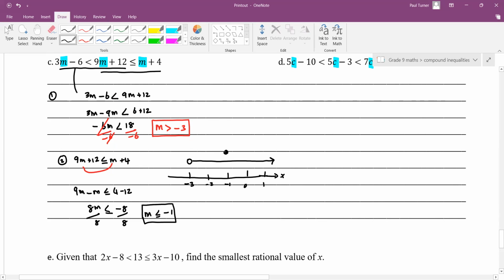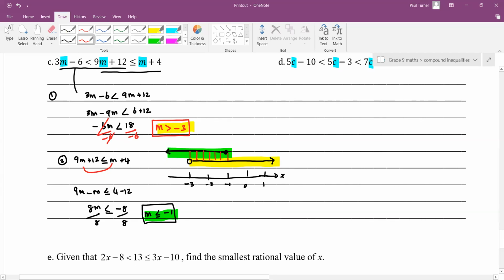So less than or equal to, that's this one. So let's put that in. That one in green goes here. So now you can see where the 2 lines overlap. So this is your overlapping region.